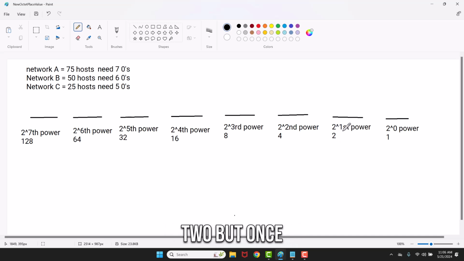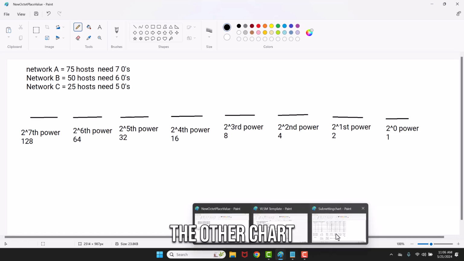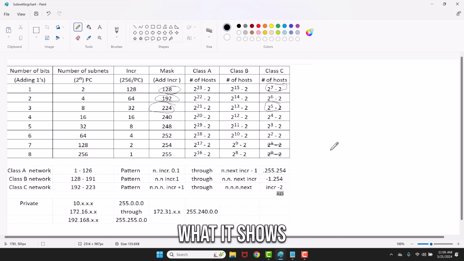This is 2, but once I subtract 2, that gives me 0. But 4 minus 2 gives me 2. So 2 to the 2nd power minus 2, because we're solving for number of hosts, will supply the 2 hosts I need.